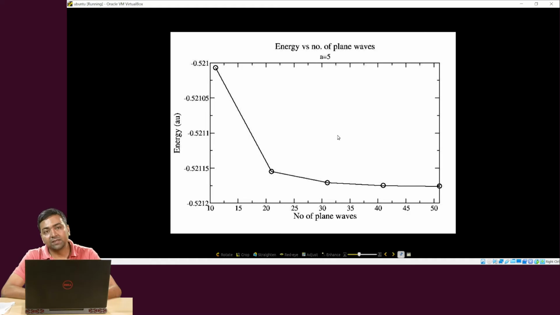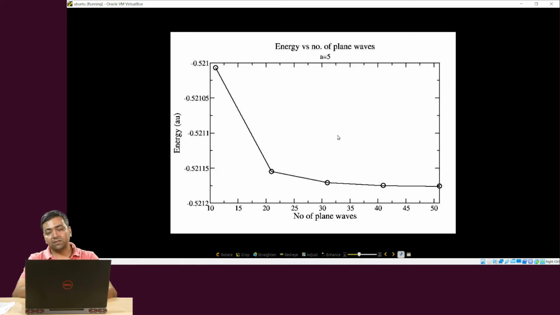What it means is that whatever energy eigenvalue I compute, or whatever energy of my system I compute, that will always be higher than the actual ground state energy. So, when you add more and more bases in your wave function expansion, in this case a plane wave expansion, you will slowly go towards the ground state.